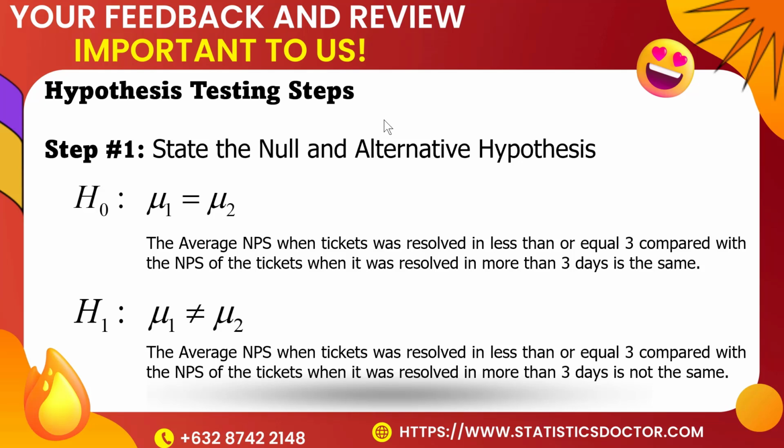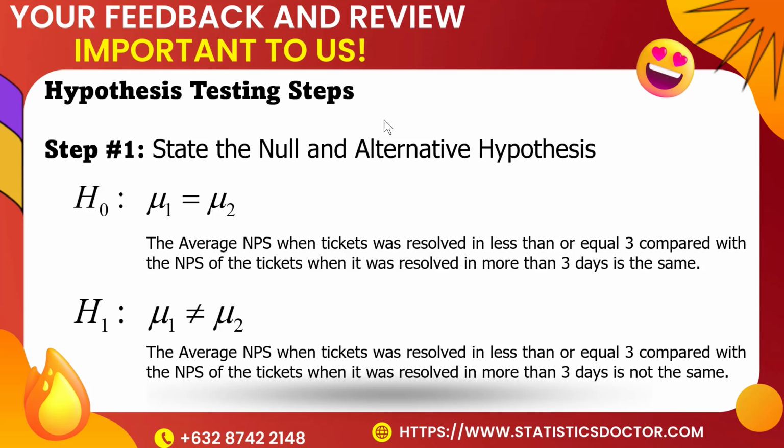Step 1. State the null and the alternative hypothesis. In the null hypothesis, the average NPS when tickets were resolved in less than or equal to 3 days, compared to the NPS of the tickets resolved in more than 3 days, is the same.